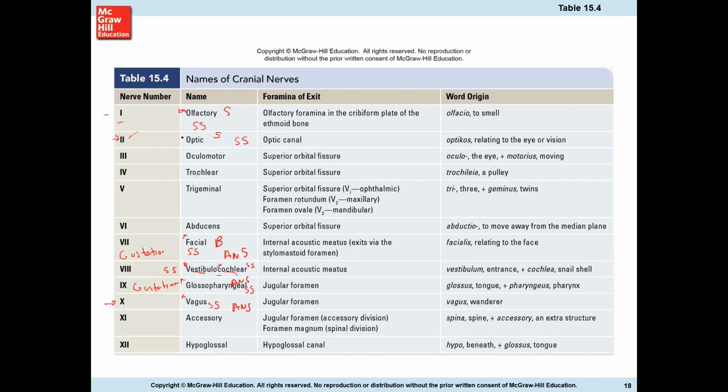Okay, and vision is optic nerve, special sense. So olfaction, vision, vestibular, cochlear, which is hearing, and taste, which is gustation, are all your special senses.